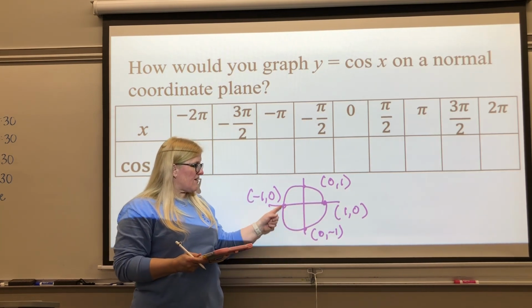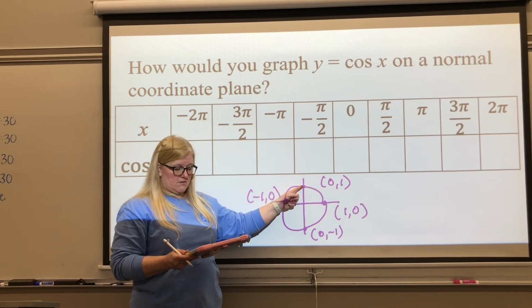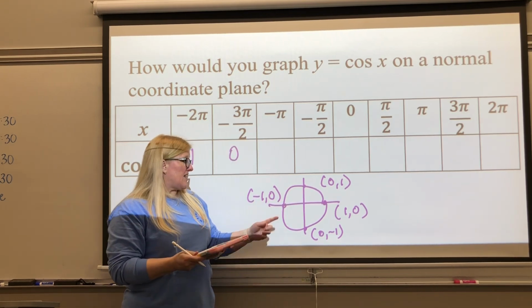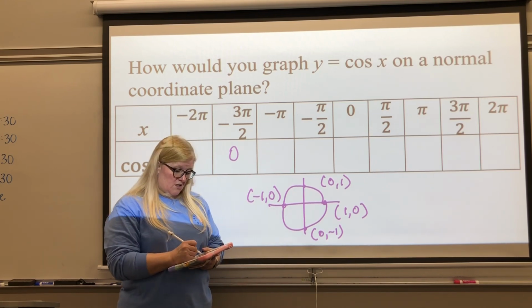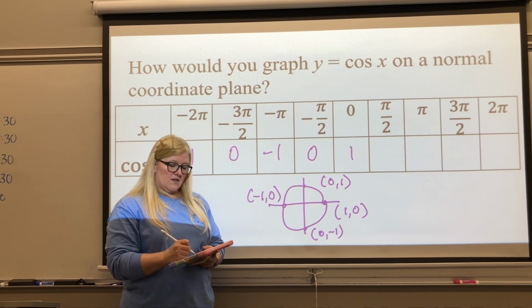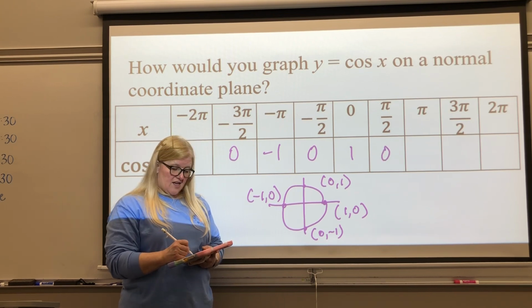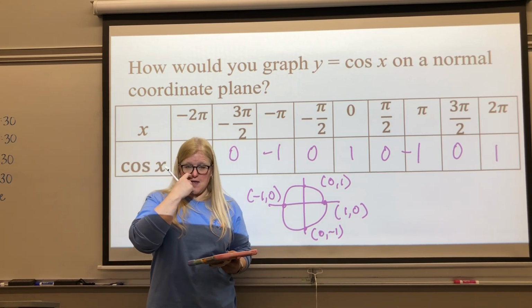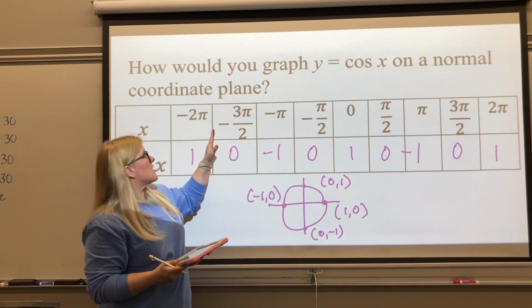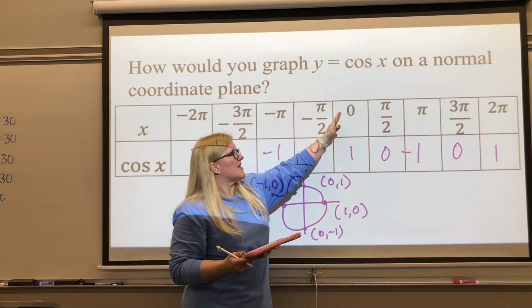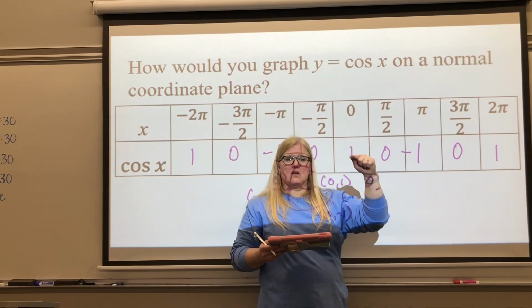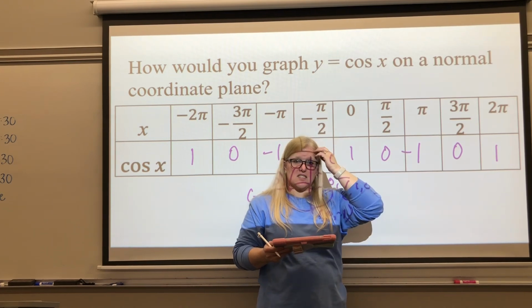Cosine of negative 3 pi over 2 is 0. Then it's negative 1. I bet you can tell what's next. 0, then 1, then 0, then negative 1, then 0, then 1. We have that pattern when we are taking the coordinates or the radians that are on the axes.